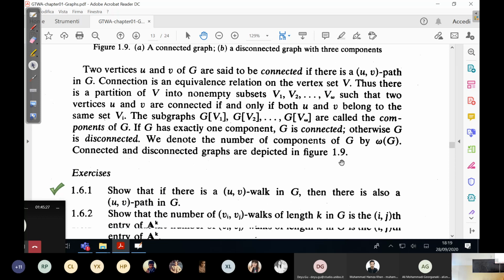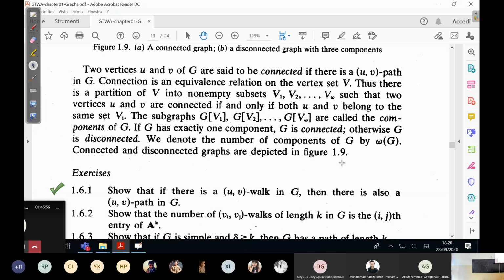Okay, now another notion which I ask quite frequently, and again here I had to reject many students for such a simple thing. But I know why. Because the notion of being connected is very intuitive, and so you maybe don't take care of reading and understanding a mathematical definition.